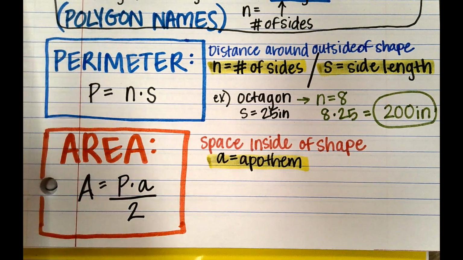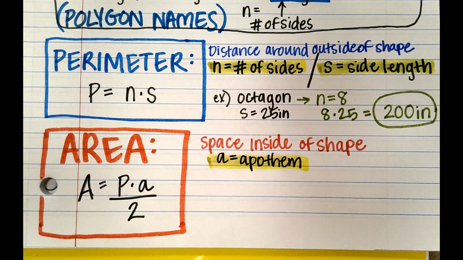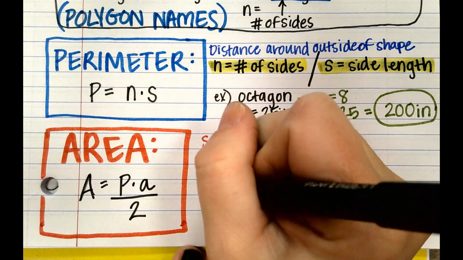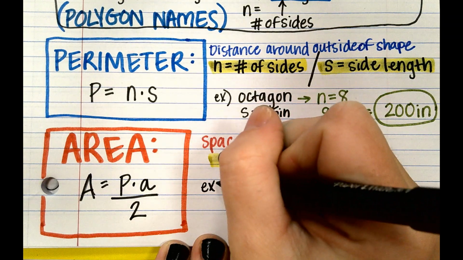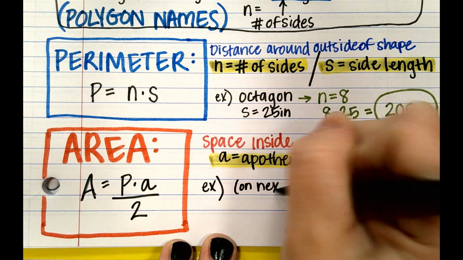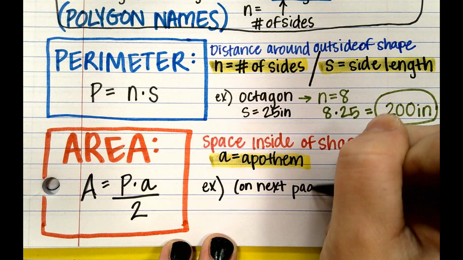So these two formulas, very important. Make sure you've got these written down. And then I'm going to show you some examples of area on the next page. But I'll let everybody write that down.